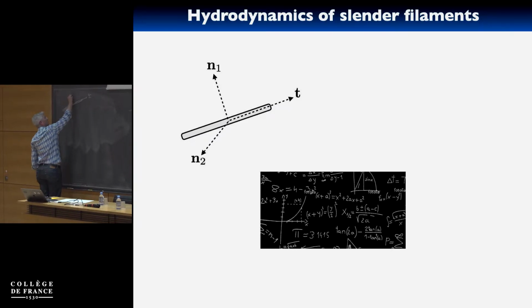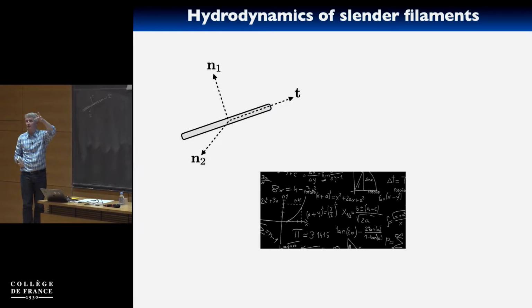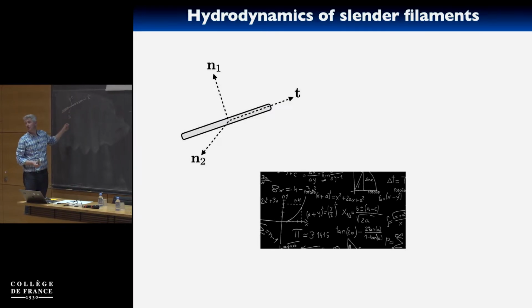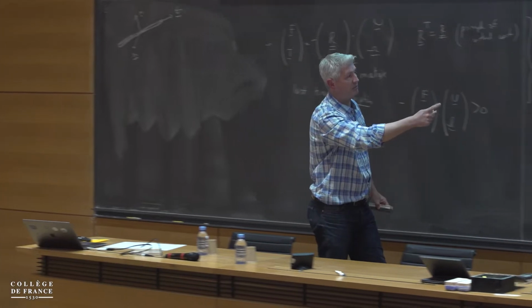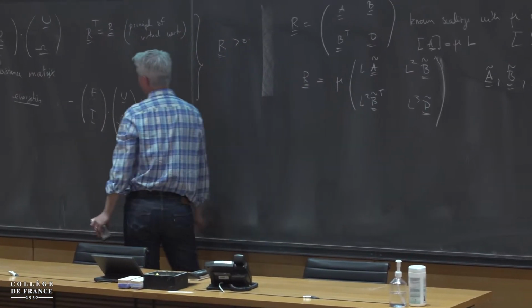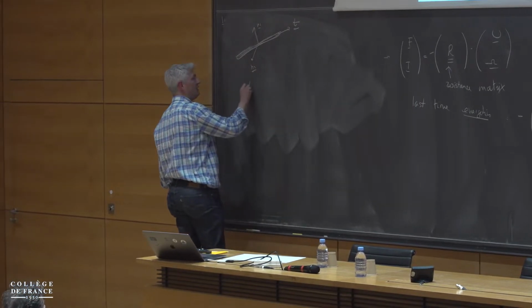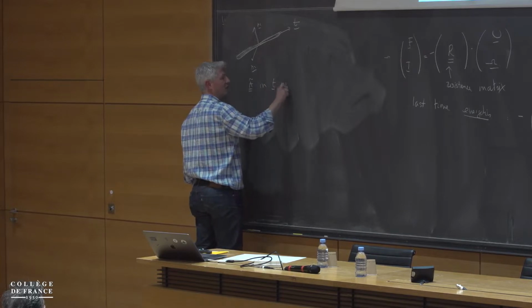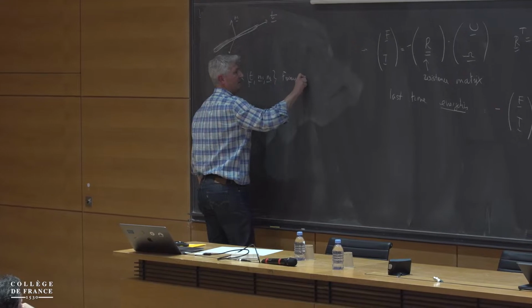I'm going to call N1 and N2 the two normals to T. Of course I can take any axis I want, X, Y, Z, but it makes sense to use this because those are the principal axes of symmetry of my shape, and the hydrodynamics problem in that frame becomes much, much simpler. In that case, if I just focus on the relationship between force and velocity, my A tilde in that frame, in my T, N1, N2 frame, then becomes diagonal.